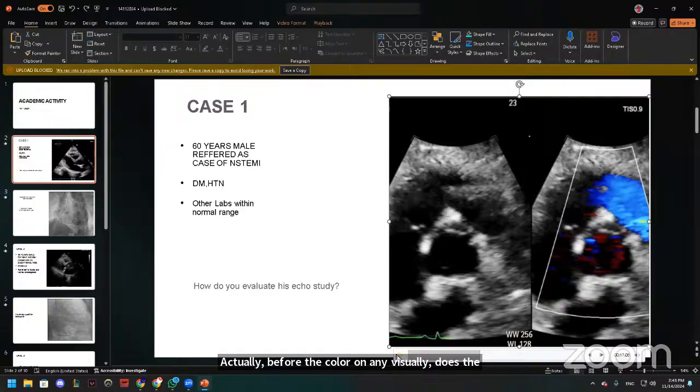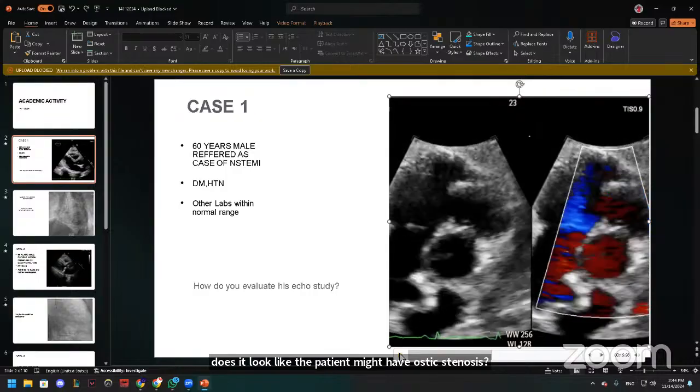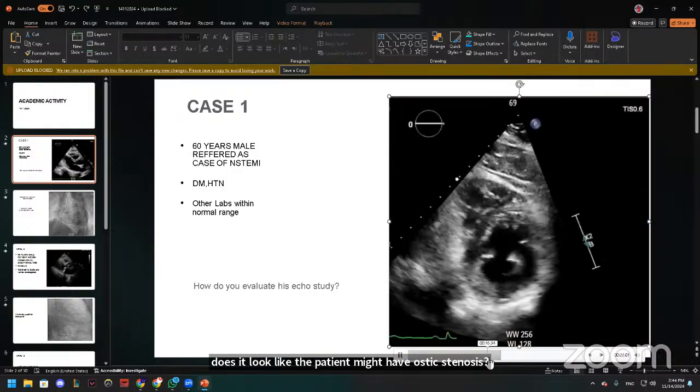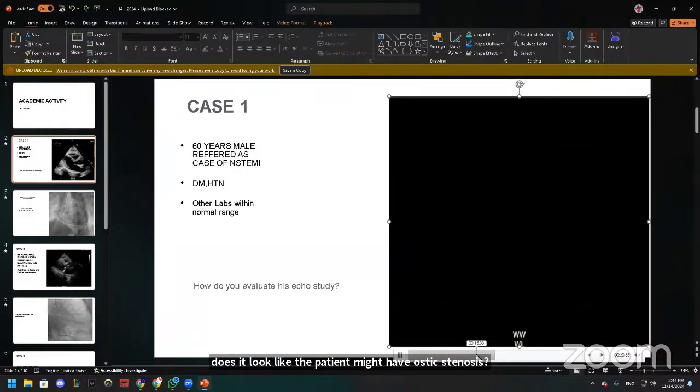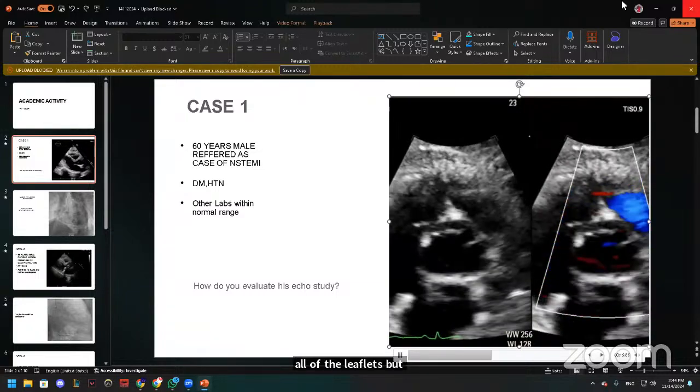Do they look calcified? Does it look like the patient might have aortic stenosis? I cannot see all of the leaflets, but they don't look thick.